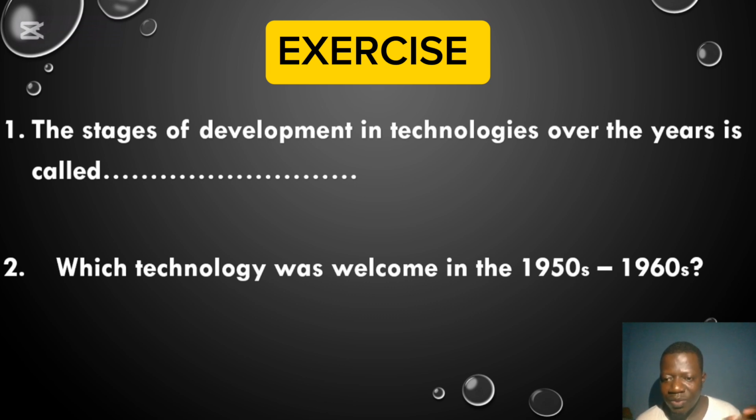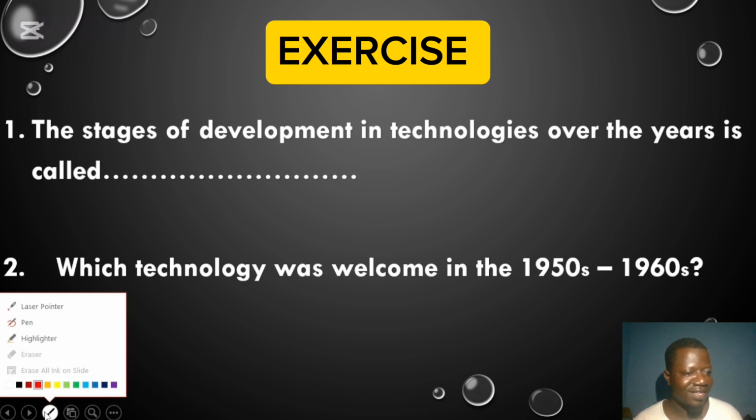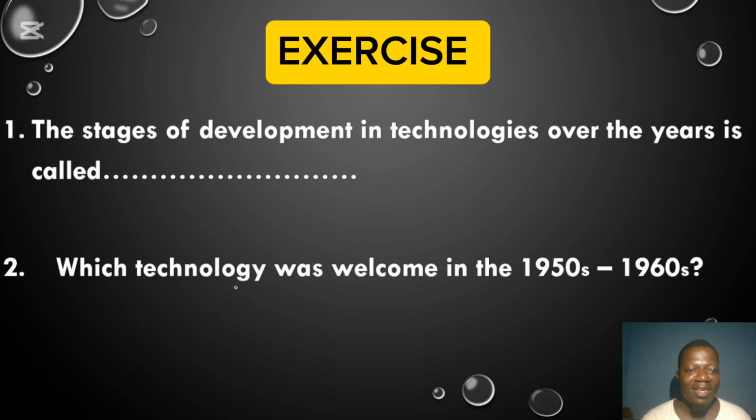Which generation was between the 1950s to 1960s? That is the second generation of computers. So they make use of what we call the technology is what? Transistors. Did you get it right? Beautiful. They make use of what? Transistors. That is very nice.